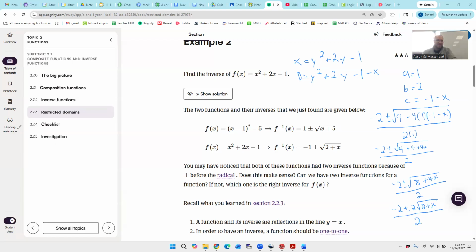And I can reduce a 2 as long as I do it from all 3 terms, giving me -1 plus or minus the square root of 2 plus x. And this is my inverse. That is something you may have never done before. And I agree that I cannot call this f inverse of x because it's not a function.